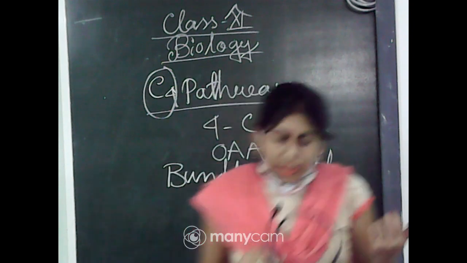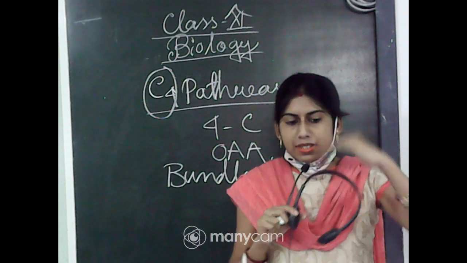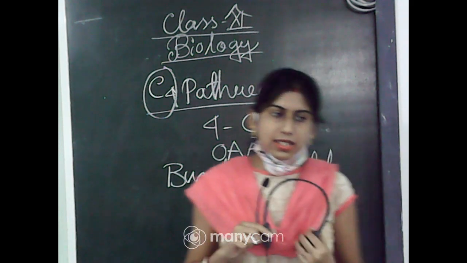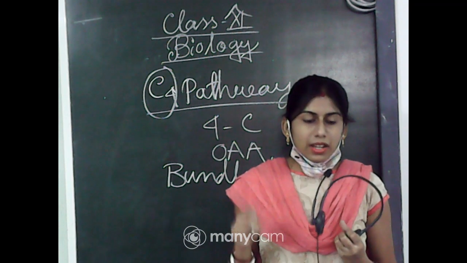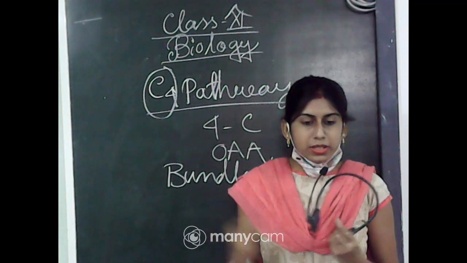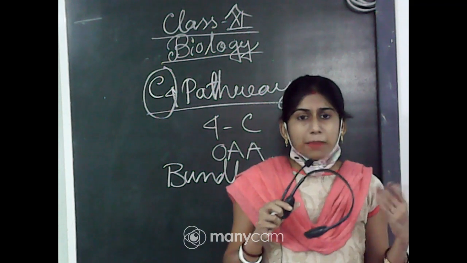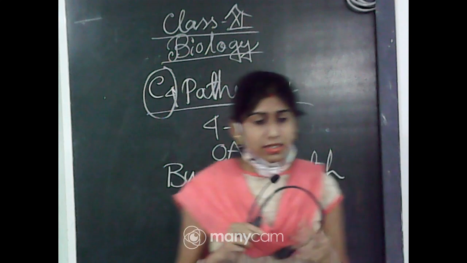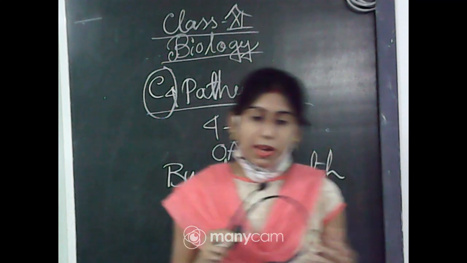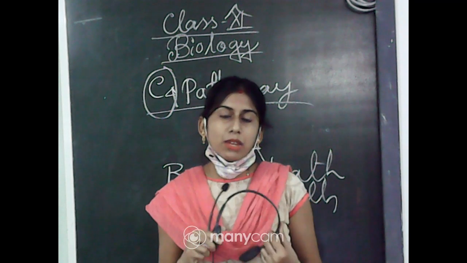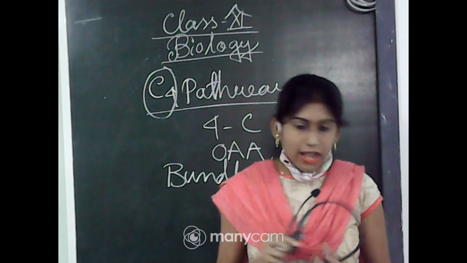In this type of anatomy, the mesophyll cells are present first, and under them the bundle sheath cells are present. Why is this position there? Because these plants are found in high temperature and high light intensities, but for the C3 pathway, that means for the Calvin cycle to occur and for the formation of starch, quite low temperature and light intensity is required.